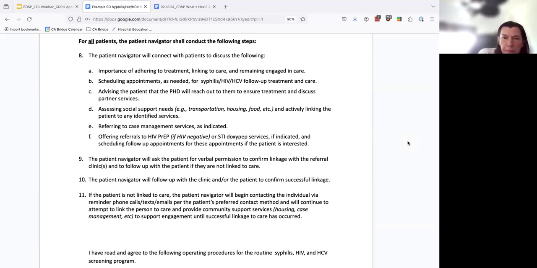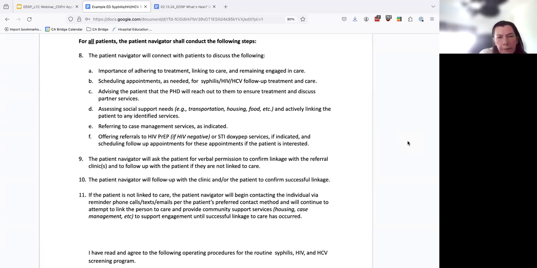Referring them to case management services. And then for individuals who test negative for HIV, offering them referral to HIV PrEP if they're interested. And for individuals who test positive for syphilis, also offering them referrals to DoxyPEP services.